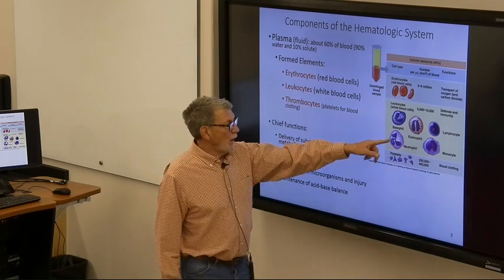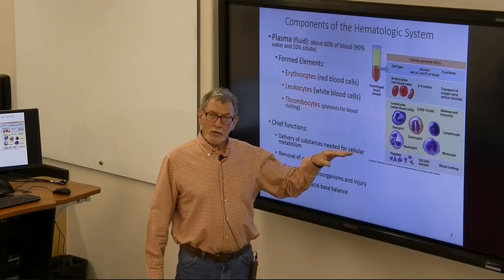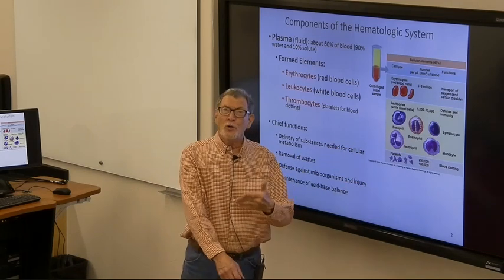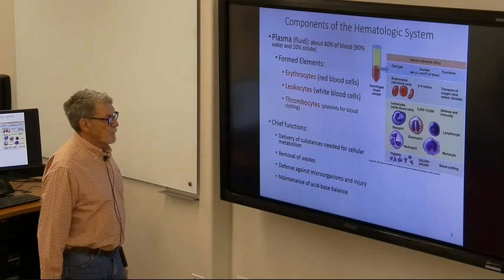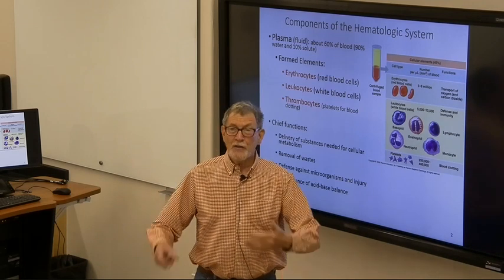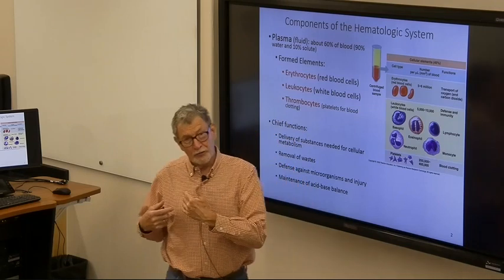So all of these white blood cells are part of the immune system. Your clot formation is controlled by the blood. So if you have a bleed in there, it takes care of that. It carries hormones from one part of the body to the other to signal that part to do what this part says to do.